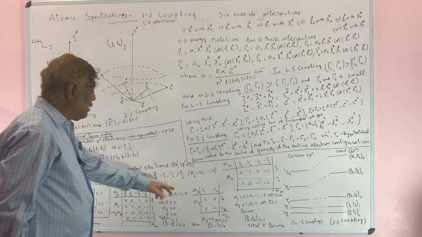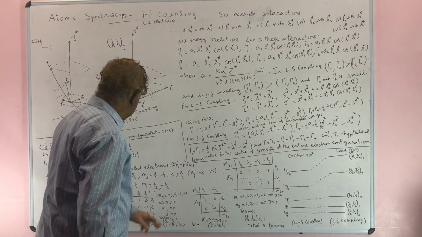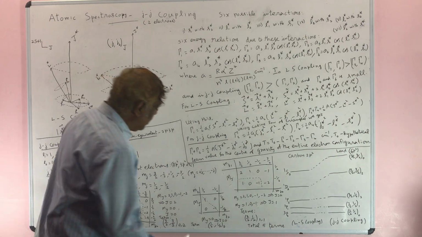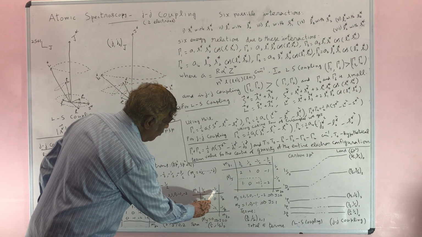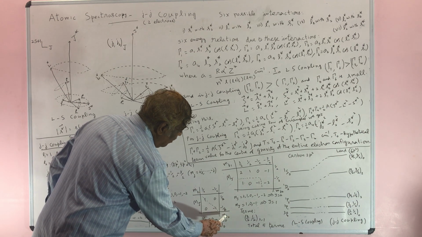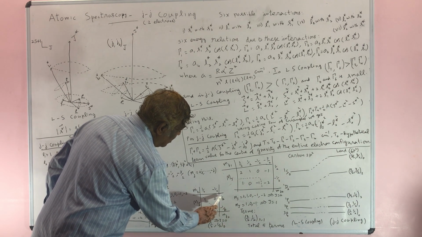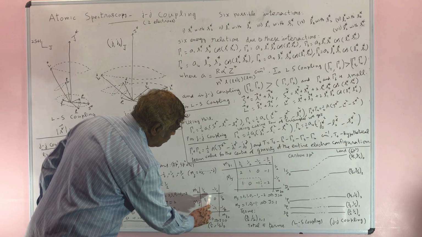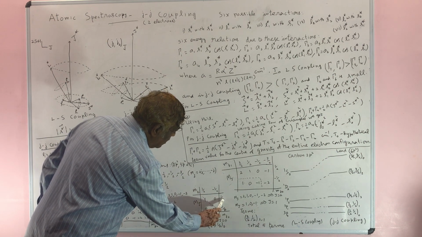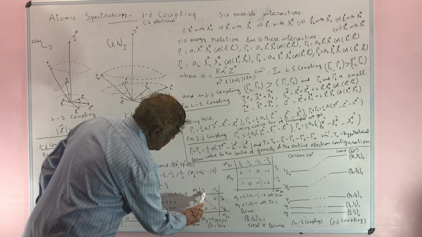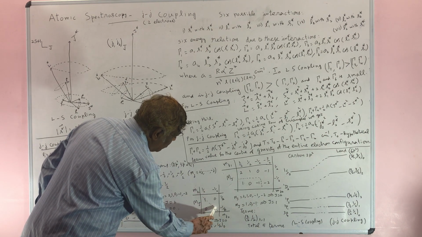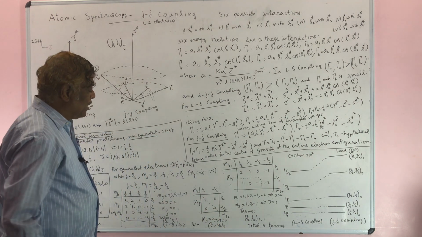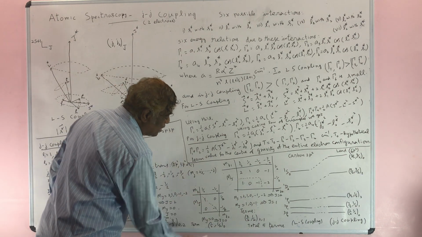Similarly here, when J1 is equal to half, MJ1 is half, minus half. When J2 is equal to half, MJ2 is half, minus half. So find MJ, which is the sum of MJ1 plus MJ2. Adding these two, we get 1, 0, 0, minus 1.